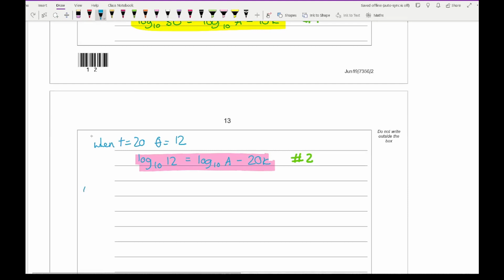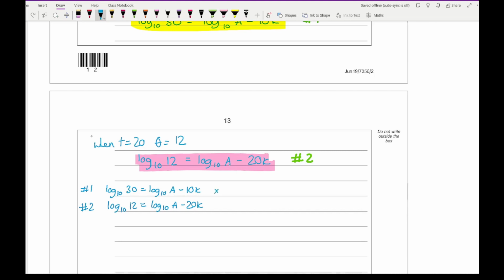Then hopefully it's giving me no space, so let's just rewrite that together. So hashtag 1 was log 10 of 30 equals log 10a minus 10k, and I've got log 10 of 12 equals log 10 of a minus 20k, so that's hashtag 2.